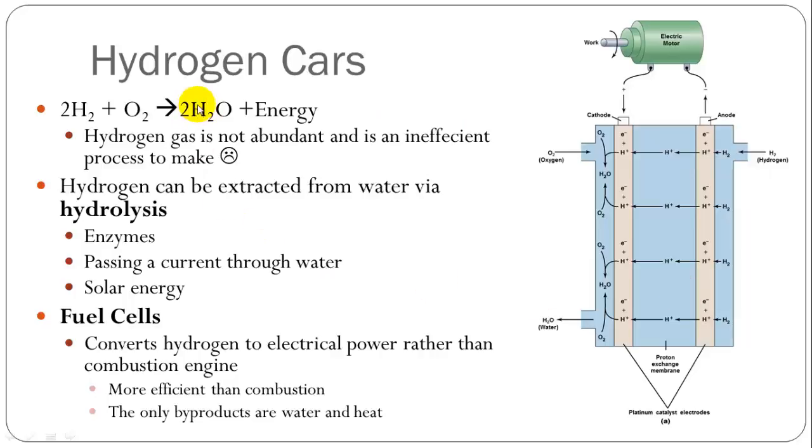But getting hydrogen out of water is inefficient, so it takes more energy to get the hydrogen out than the energy you get from making the water and combining it with oxygen.